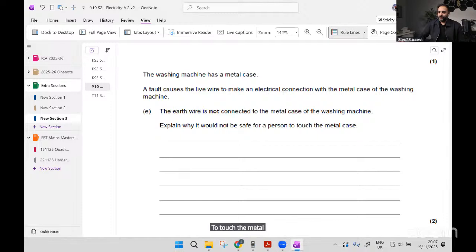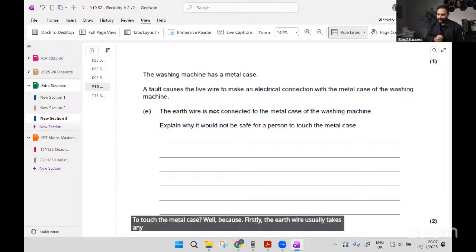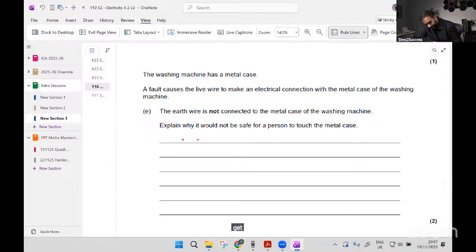Firstly, the earth wire usually takes any problem away so that you don't get an electric shock. So firstly, the earth wire is not connected, so you could get an electric shock. That's the first point. Because if you touch it, current will go through you.